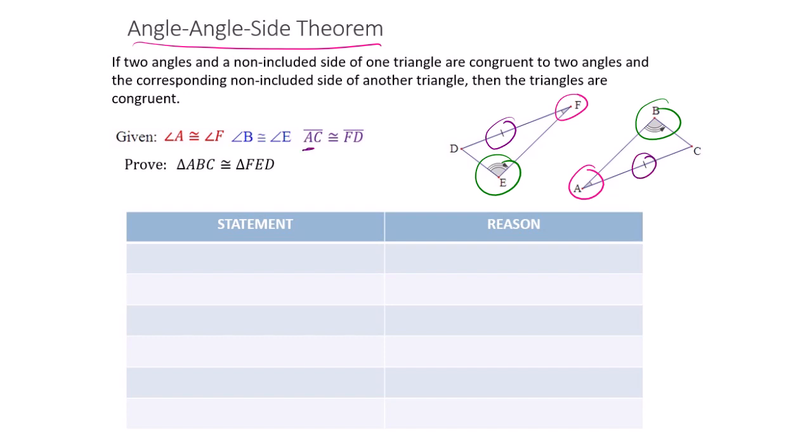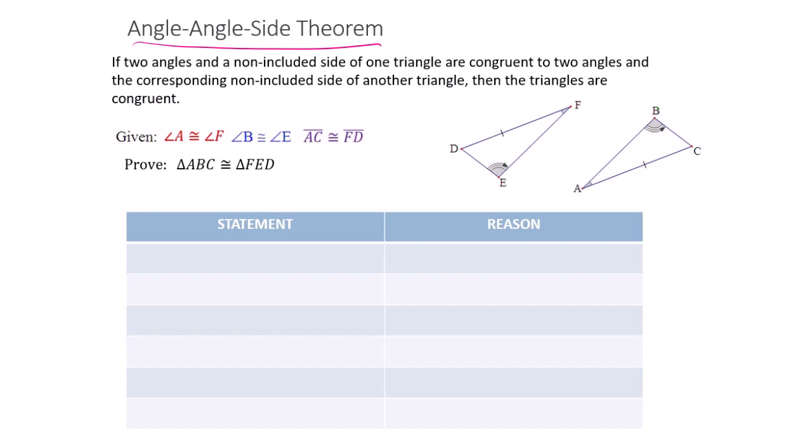So notice how A and F are both part of those, right? But B and E are not part of them, right? So that's a way to tell just by the letters that they correspond. Okay, they're next to A and F, those corresponding angles, but they're not next to B or E, right? They're not included between the two angles.